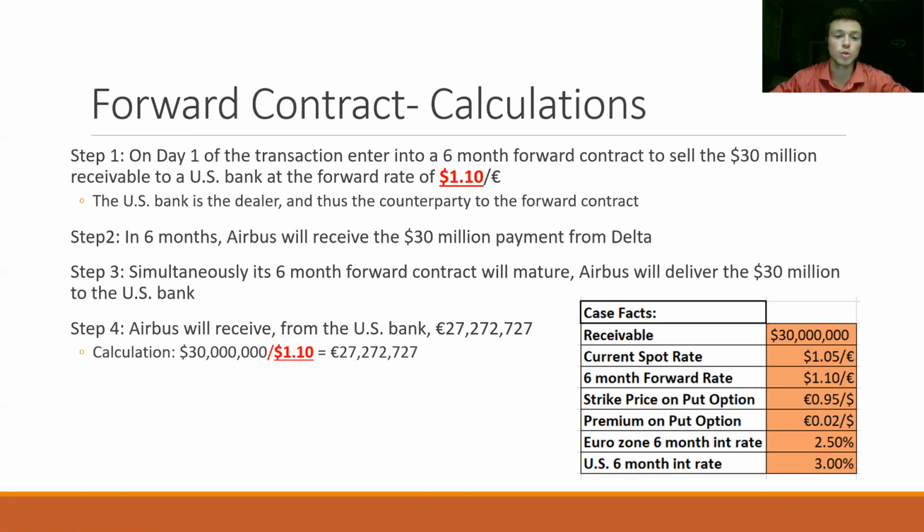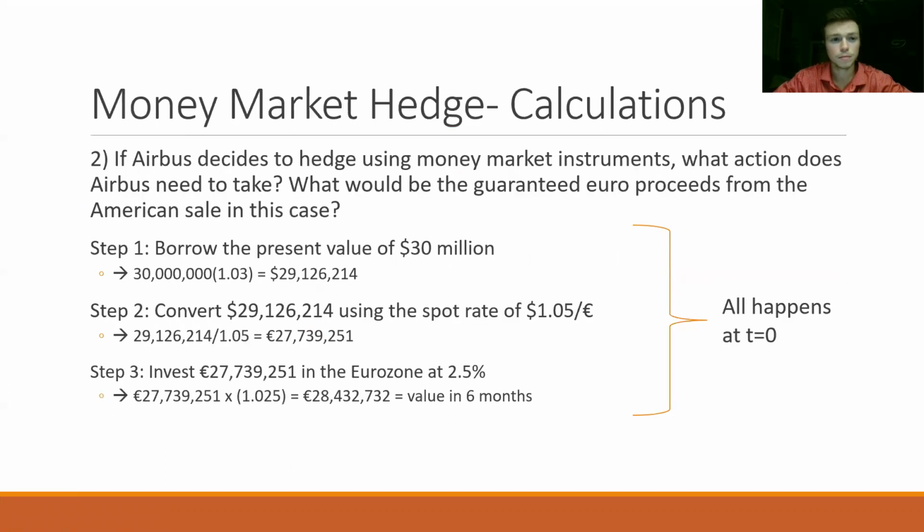In exchange, Airbus will receive 27,272,727 euros from that US bank. And the calculation there is pretty straightforward. It's just the 30 million US dollars divided by that $1.10 per euro forward rate. I put it in red so you can see it's the same up here as down here. And this 27 million value is our guaranteed value here.